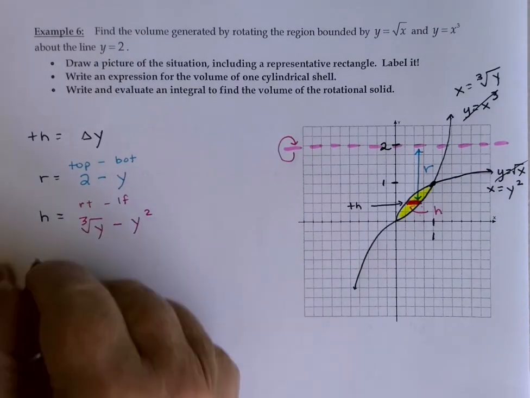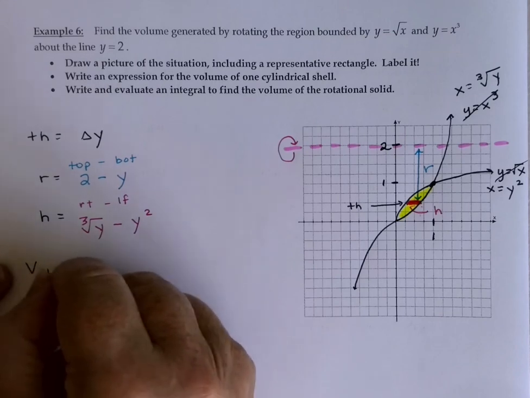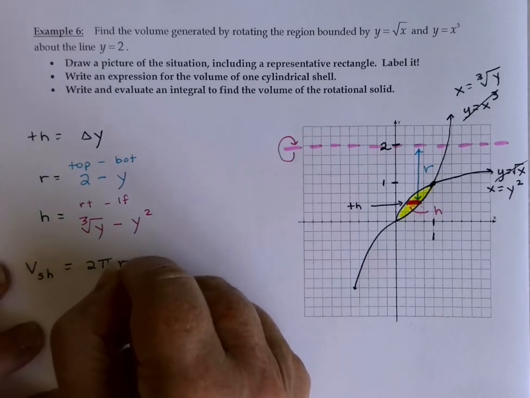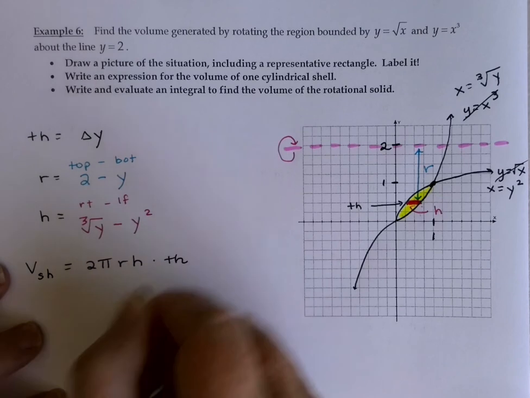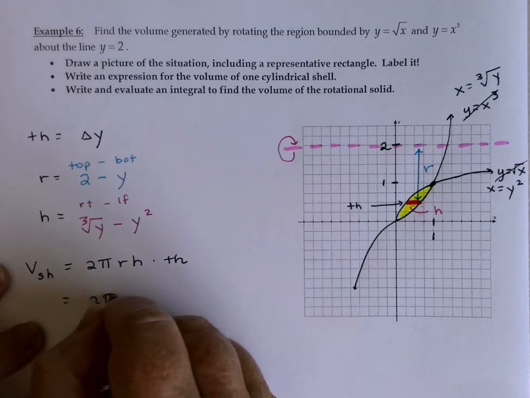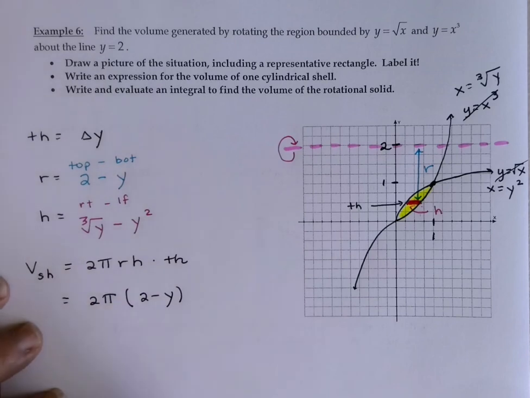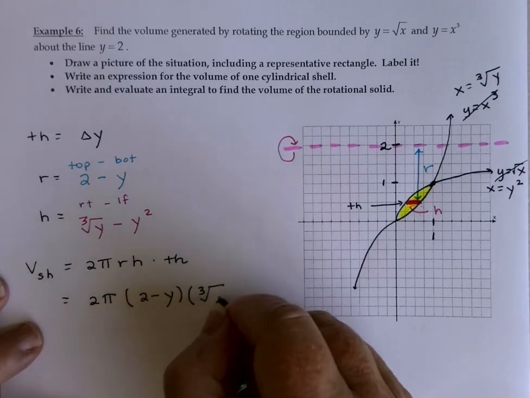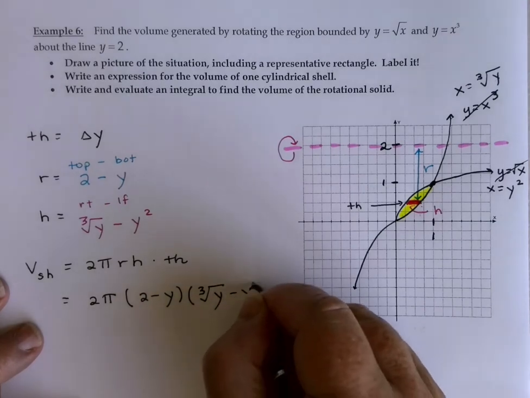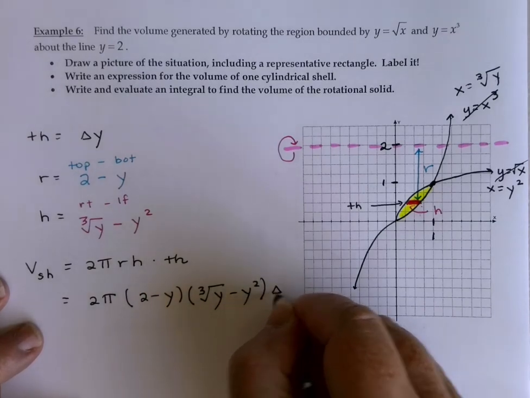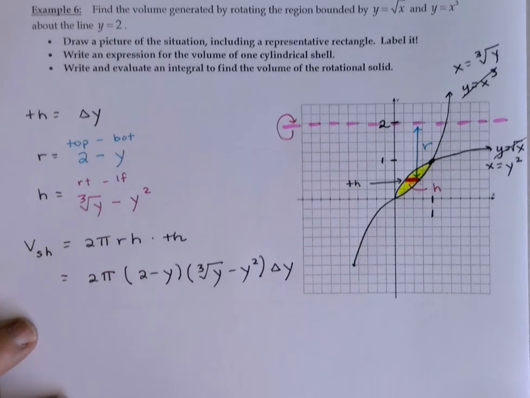All right, so the volume of my shell is going to be 2 pi times that radius, 2 minus y, times the height, cube root y minus y squared, and then finally the thickness, delta y.